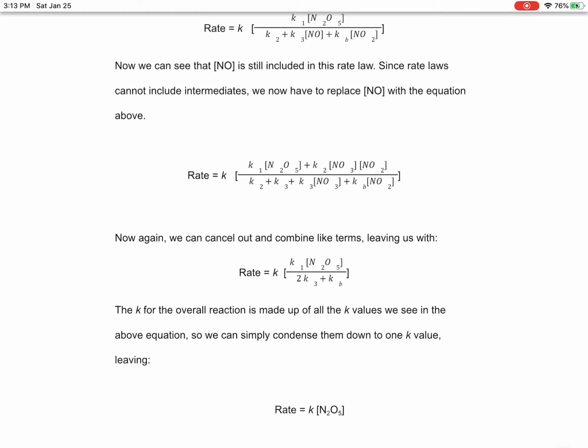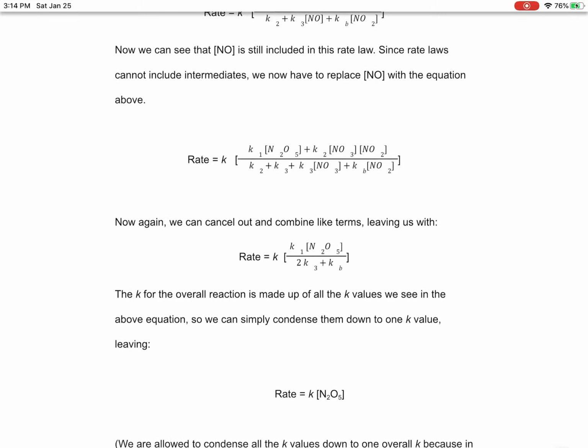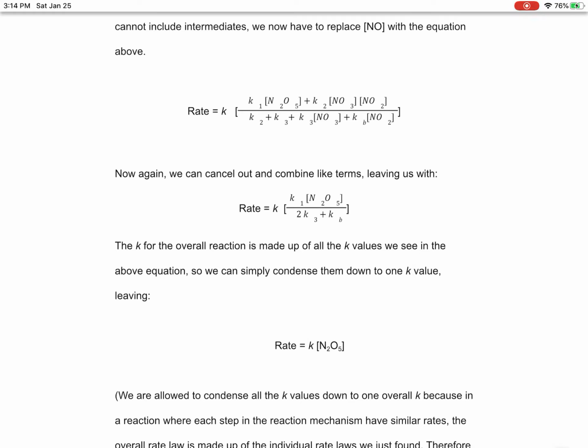That's going to leave us with several things that we can cancel out. We'll be able to cancel out the NO3, which we should not have in there anyway because it's an intermediate. We'll be able to cancel out the NO, which we cannot have in there because it's an intermediate. And we'll even be able to cancel out the NO2, which we cannot have because it is the product.